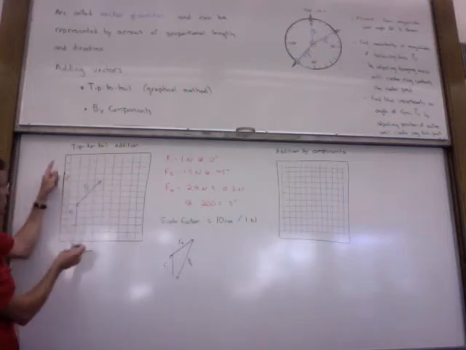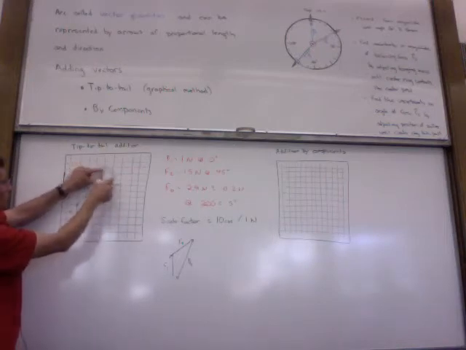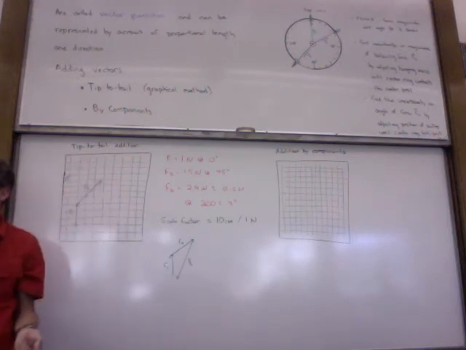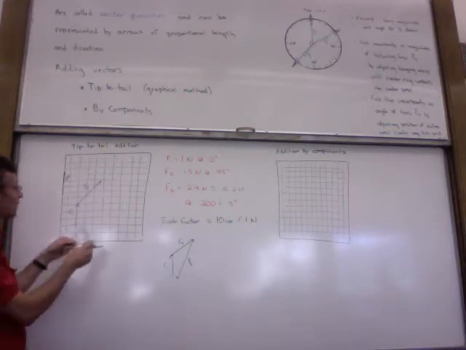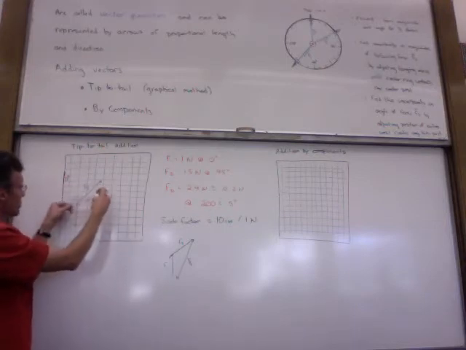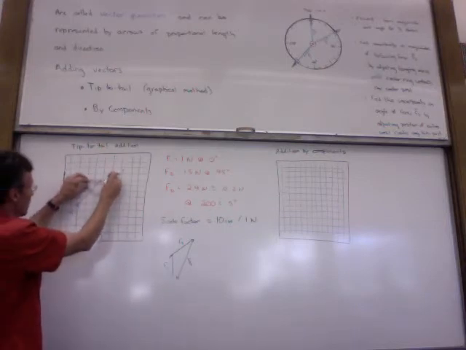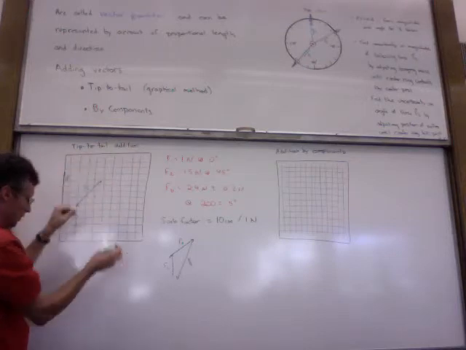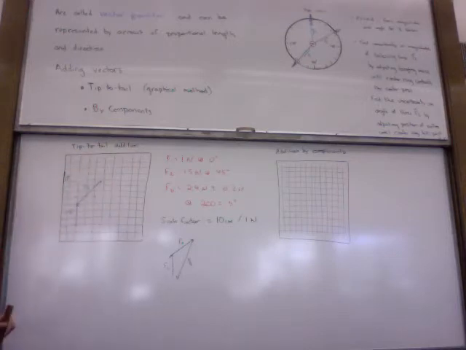So I'm measuring from straight up, right? So from straight up to straight down is 180 degrees. So I'll have to add 20 to that. So I'm measuring 20 degrees over from straight down. Okay, so I can use my protractor however I'm most comfortable to do that.